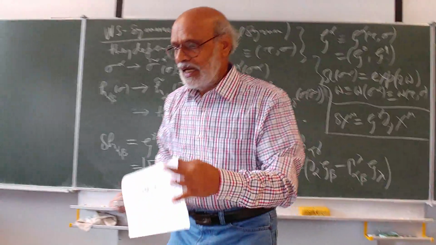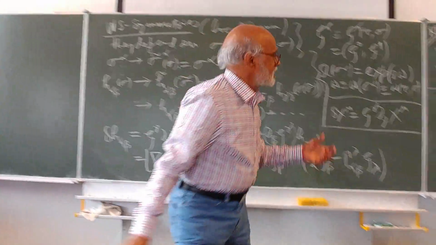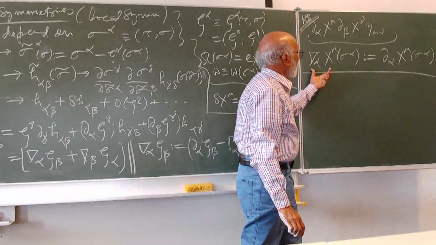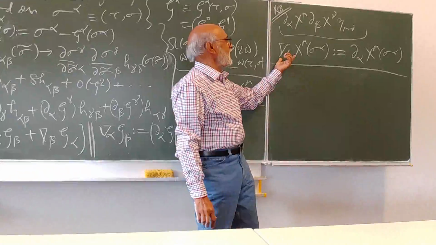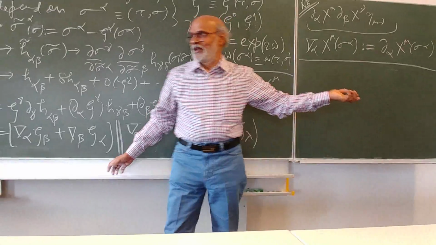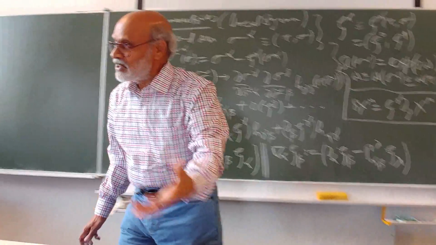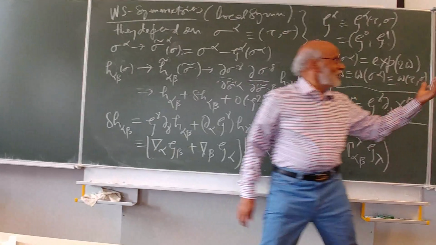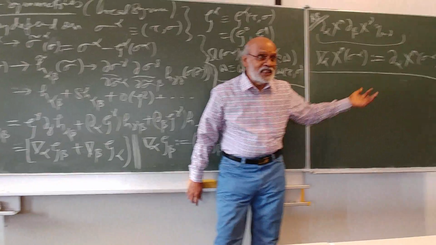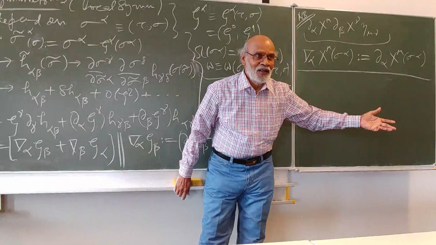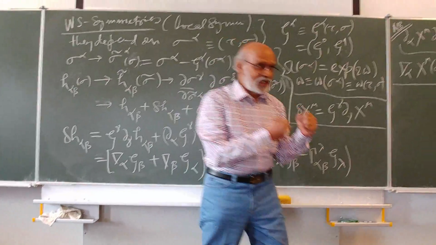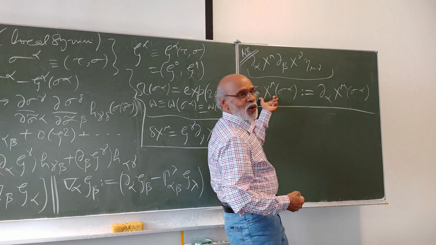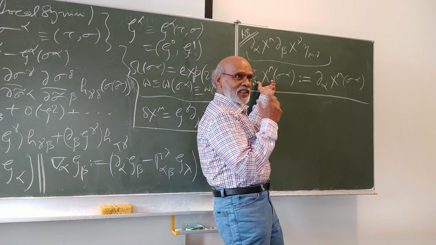Why is it like this? It is like this because this guy x mu is independent of the indices alpha and beta, and therefore for the worldsheet this vector x mu is a scalar. From the perspective of the worldsheet, this guy is not a vector, it's just a scalar.